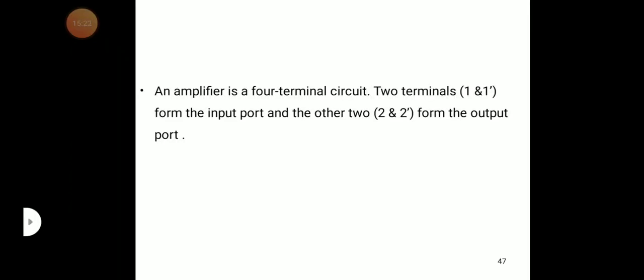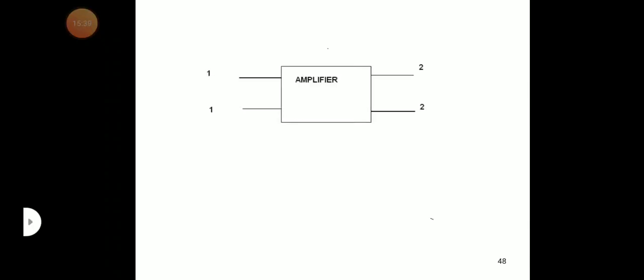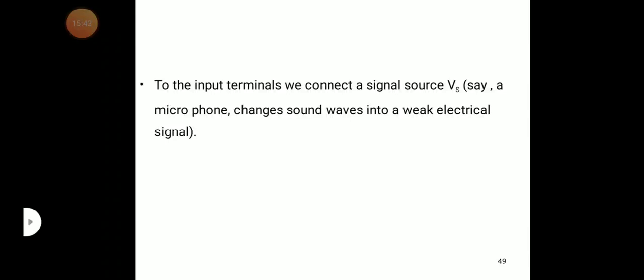An amplifier is a 4-terminal circuit. Two terminals, 1 and 1 dash, form the input port, and the other two, 2 and 2 dash, form the output port. So we need to get these 4 terminals from our transistor.